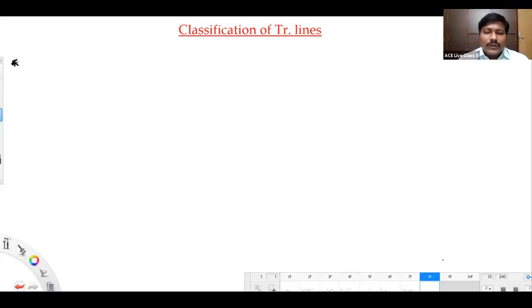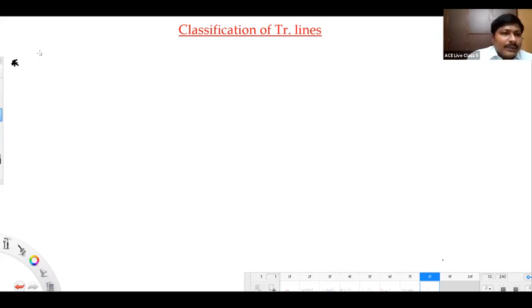In various textbooks, you can see various criteria. One thing what I can say is, this classification is done on the basis of the physical length of the transmission line wire at a given operating frequency.